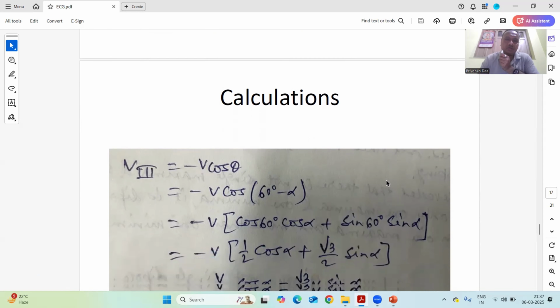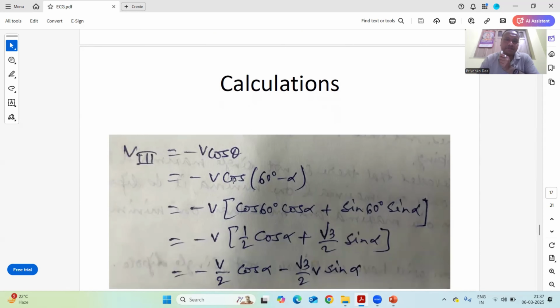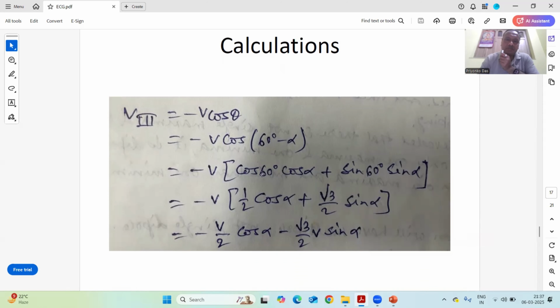Okay, so now I'll expand this formula of cos of 60 minus alpha. I'll get cos 60 cos alpha plus sine 60 sine alpha. Now again putting values, cos 60 is half and sine 60 is root 3 by 2. I get the value equal to minus V times half of cos alpha plus root 3 by 2 sine alpha.